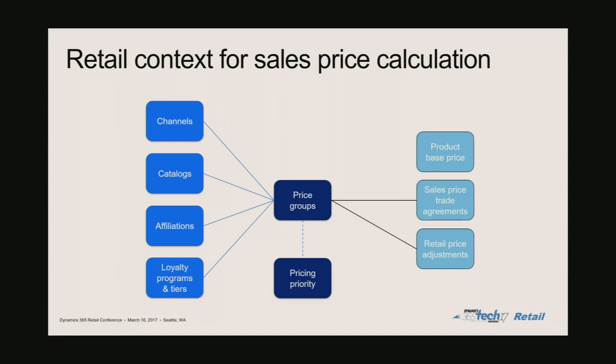Right now we're focusing on prices. And so all of those retail concepts of channel, catalog, affiliation, which is a group of people, and loyalty, which is another group of people, are retail specific, and they use price groups, which are used on trade agreements to set prices. And they can also be used to set the retail price adjustments. There is a little bit more.